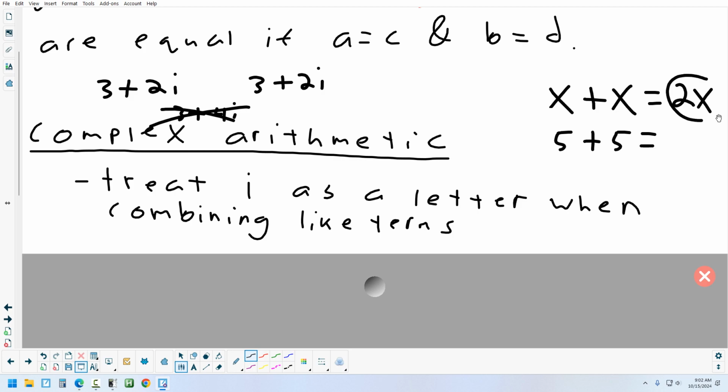I'm trying to get more at the concept of what's happening. 2 times 5, 2 5s. Yep. So x plus x is 2x. 5 plus 5 is 2 5s. Same idea. So if you have i plus i, even though i is a number, just like 5 is a number, you can add i plus i and say that it's 2 i's.